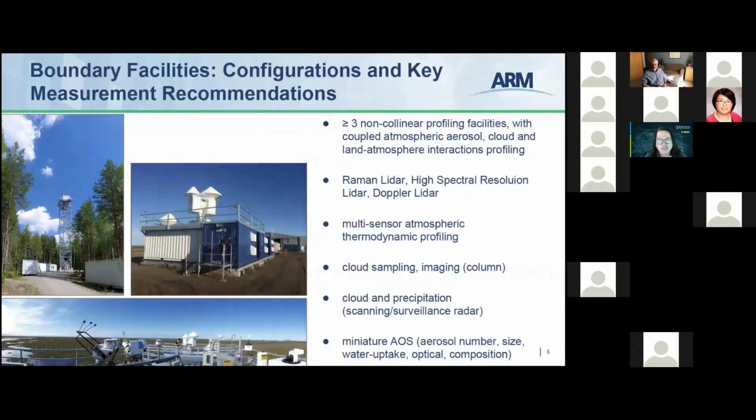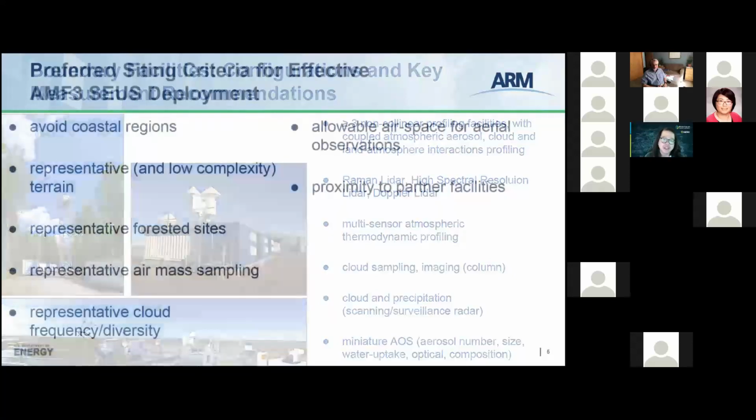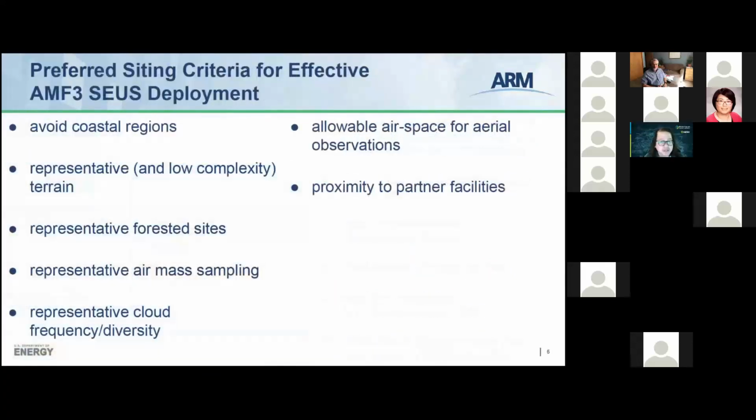We're engaging with Dave Turner, Tyson, and Tim Wagner about ways we can strategically configure our boundary facilities to target these advective tendencies. We've also made recommendations for Raman LiDAR, high spectral resolution LiDAR, and Doppler LiDAR, along with a miniature aerosol observing system, a more portable version of what's at the main facility.